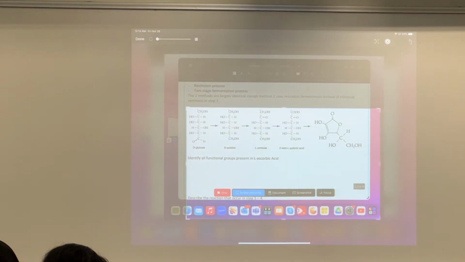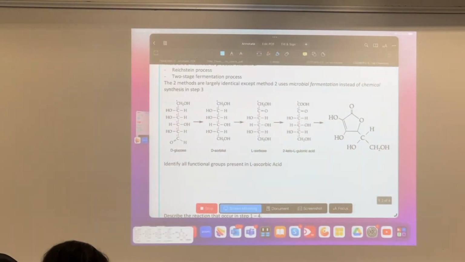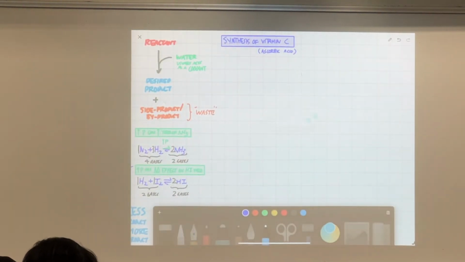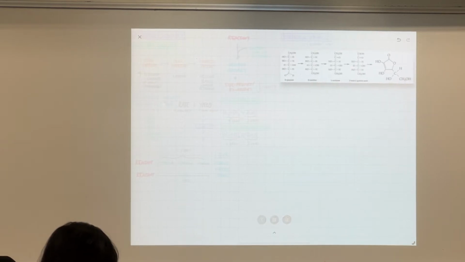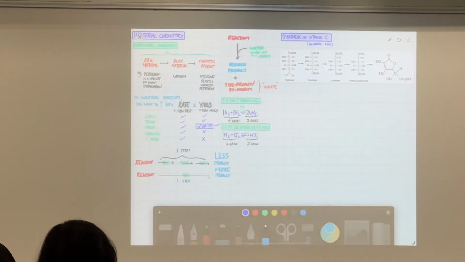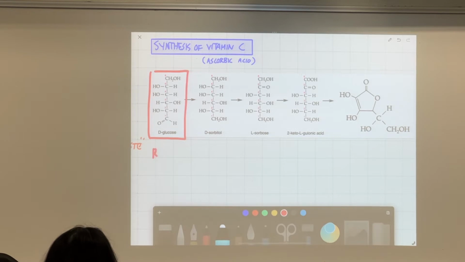So let me just copy this out and I'll ask you something about a reaction that has happened here. By the way, what do you call the stuff that you add into a reaction? You call these the reactant, right? So this is the reactant or the raw material. And this, we call it the product.